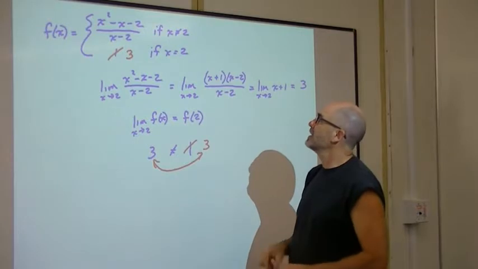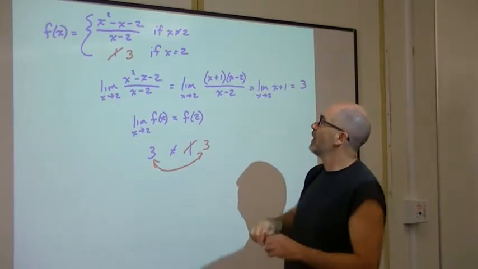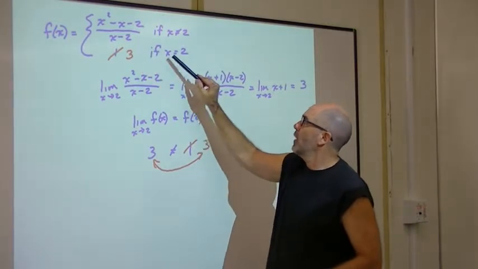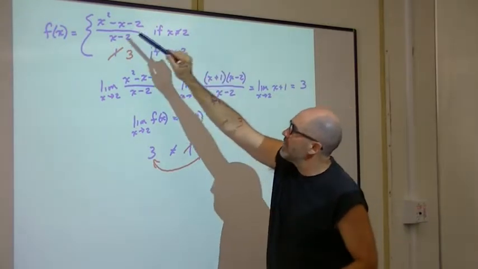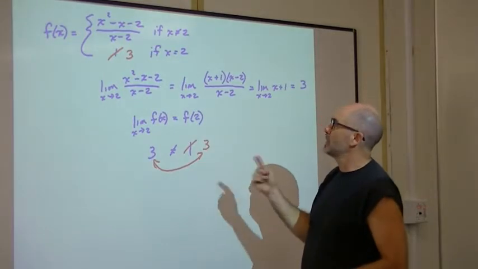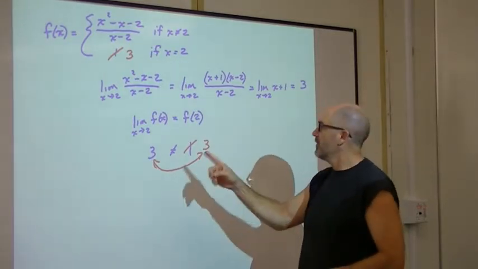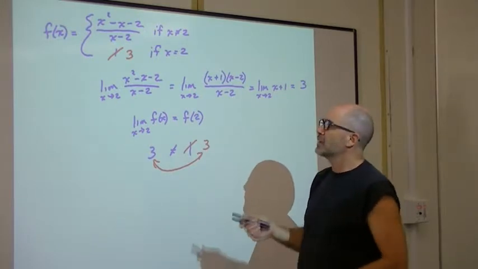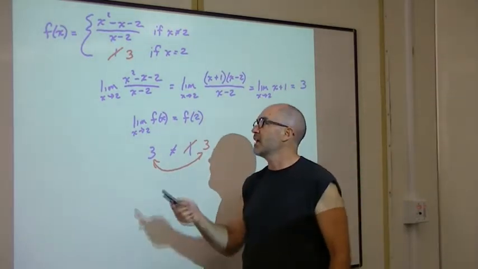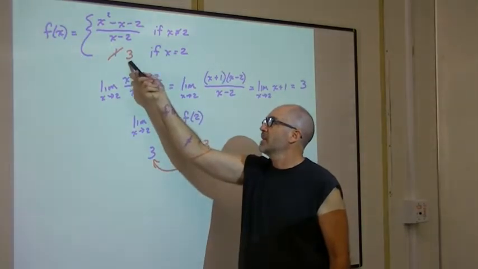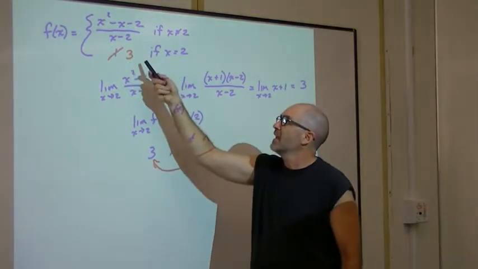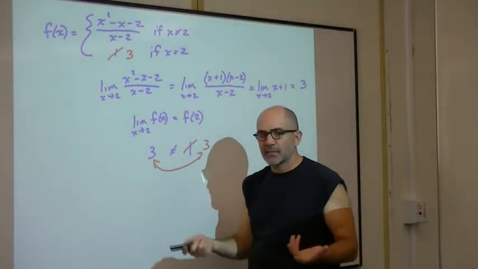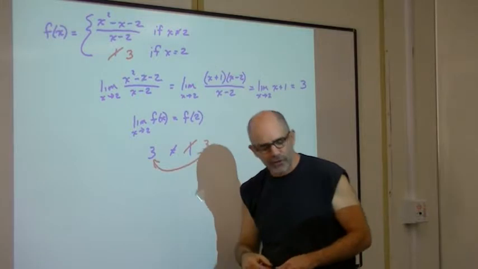As long as we plug up the hole, in other words, we define f of x to equal 3 when x equals 2, because the limit as x approaches 2 of f of x equals 3, then we've got continuity. That's why it's called removable discontinuity, because I can remove the discontinuity simply by defining the one value where it's discontinuous, and now the discontinuity has been removed.